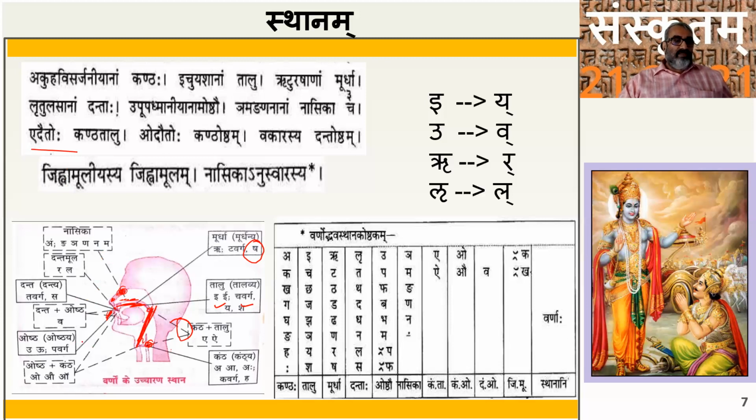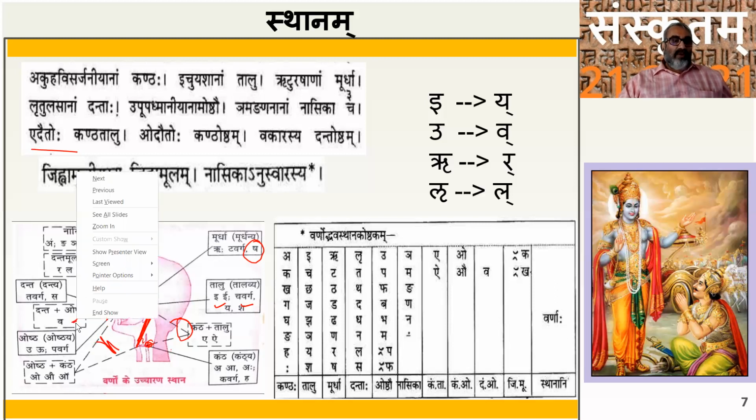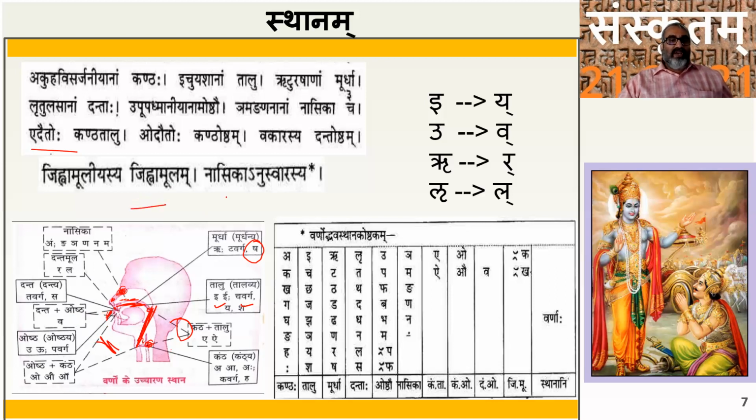Kantoshtam is here. Then you have vakarasya dantoshtam. Va has to come as a combination of danta and oshta. Similarly we have jivhamuliyasya jivhamulam and nasika anuswarasya. So nasika anuswaram also comes under nasika.